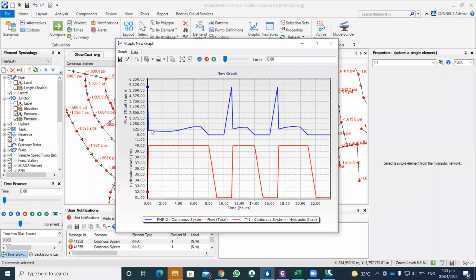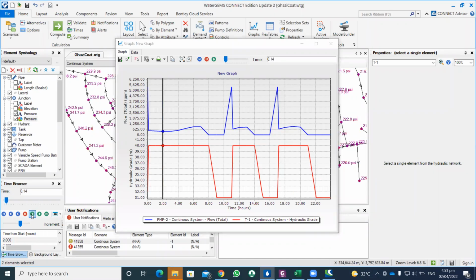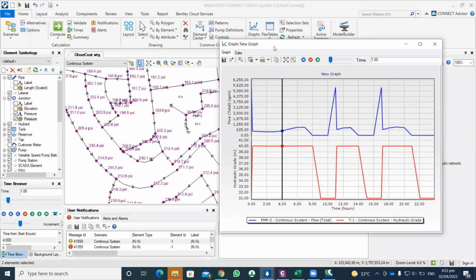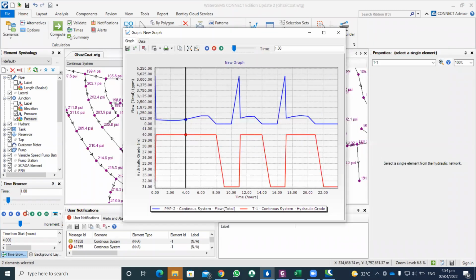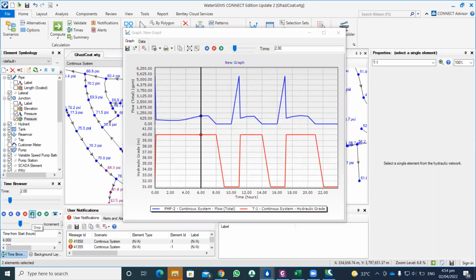So at the start of the simulation it drops because all the water is being provided to the tank. So it should be designed in such a way that it fulfills the requirement of the tank as well as the system as well. So you can observe from here.